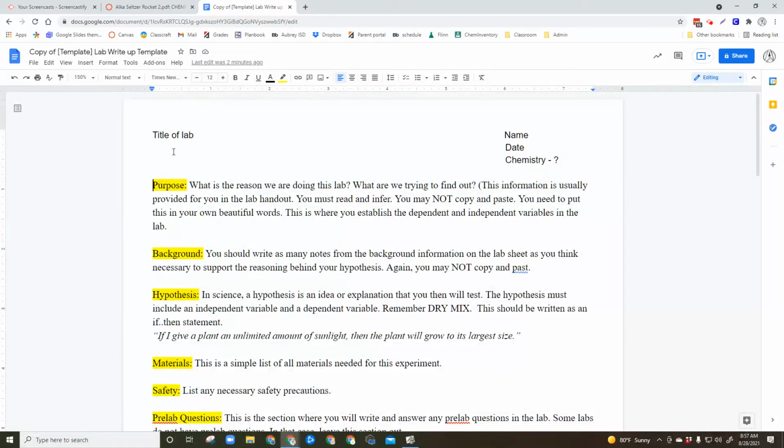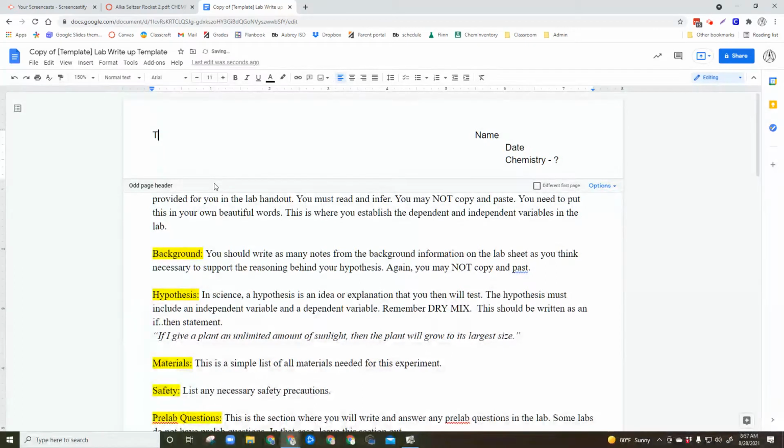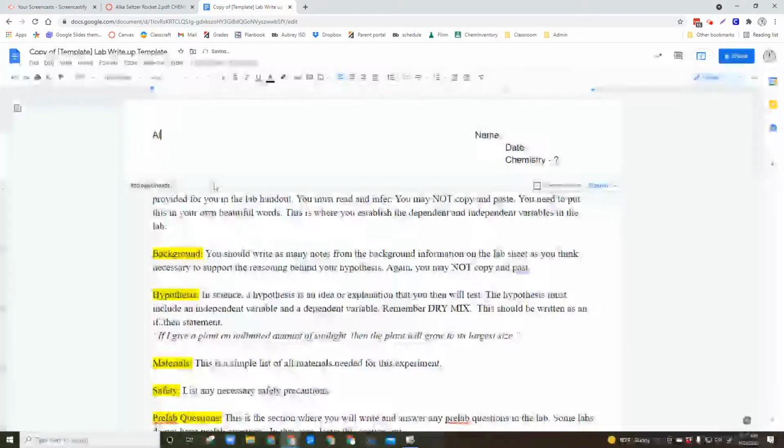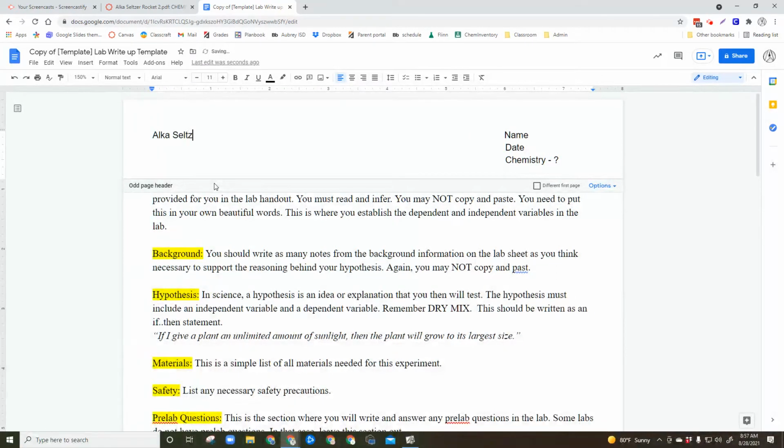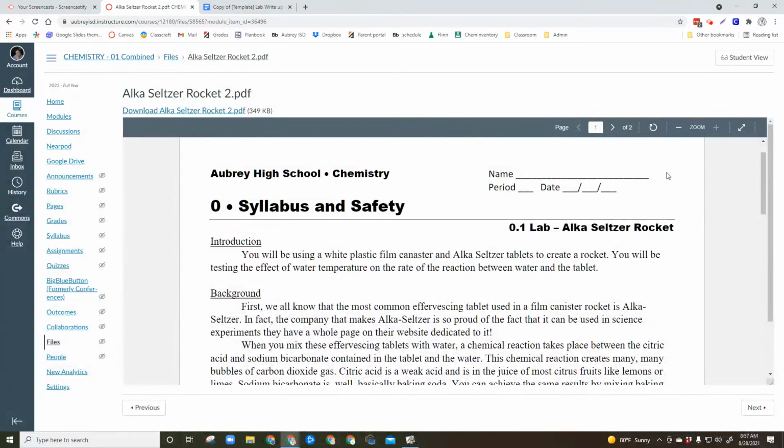is change this header. And so you double click here, and then you can change this header. And we're going to put in the title of the lab. Okay. And how do you know what the title is? Well, I have the same header on all of the assignments that I hand to you. Up here at the top, Aubrey High School Chemistry.